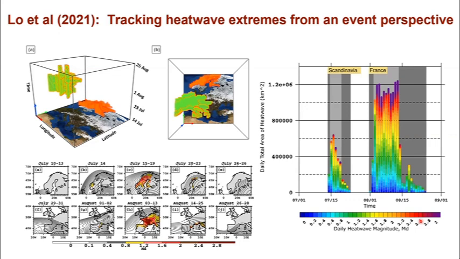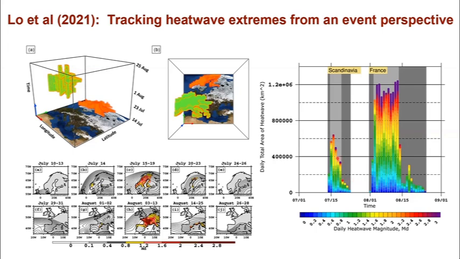Then, because you have this distinct fingerprint in space and time, you can also study the concurrent meteorological conditions that lead to those events, or do statistics like this one. We can see that in Northern Europe, this is the time for those extremes to occur on the x-axis, and certainly the later one is longer.